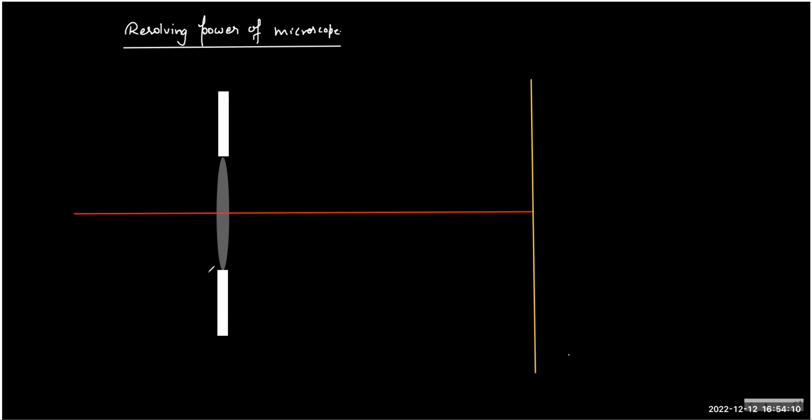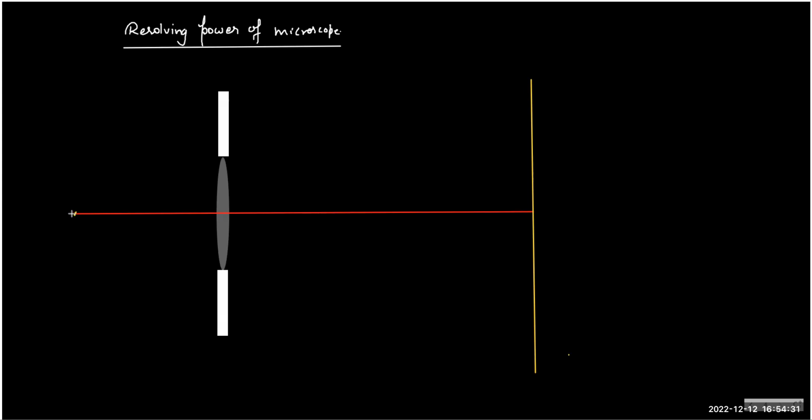Now there are some rules that we need to understand. The first rule is, while creating the microscope, the object must be kept beyond the focal length of the lens. Otherwise, it will form a virtual image, right? So what we want is that the object is on this side and the image is on the right hand side, right? Yes, sir.